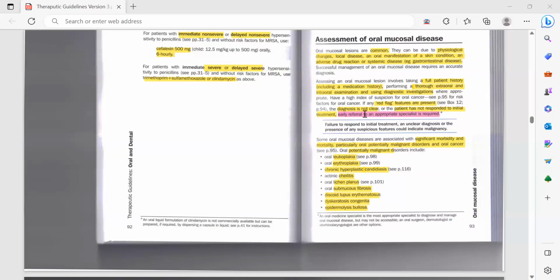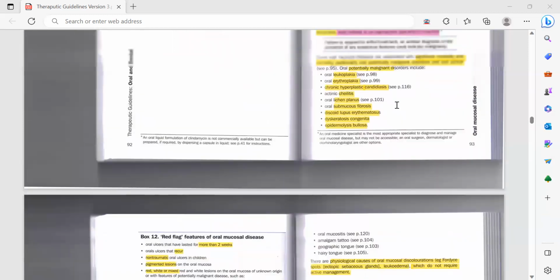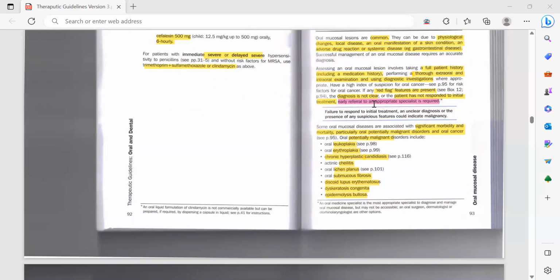So here they have mentioned a few things: if you see any red flag, we will read what the red flags are on the next page. And if the diagnosis is not clear, you are not sure whether this diagnosis is confirmed or not, or if you did your initial treatment but the patient has not responded to your treatment, then what you need to do is refer him to the appropriate specialist.